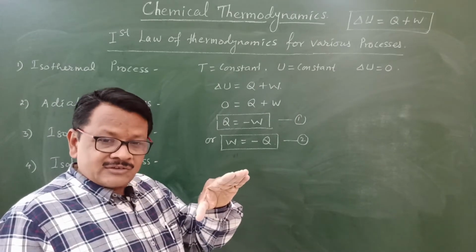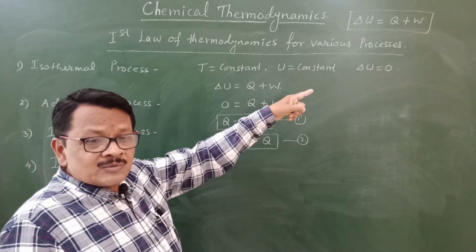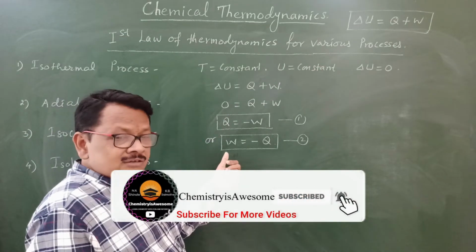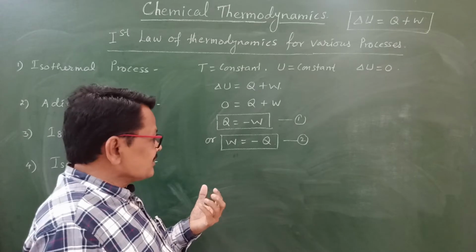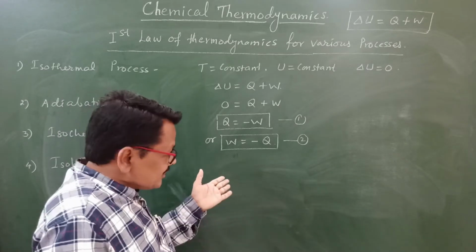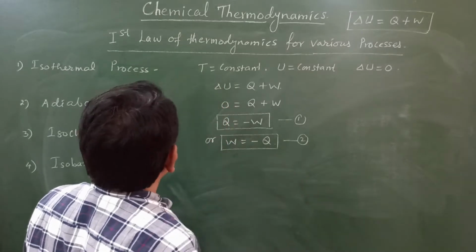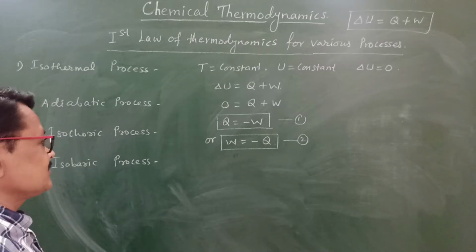Internal energy of the system increases. But in isothermal process, the change in internal energy is 0. There is no increase in internal energy of the system. Therefore, when work is done on the system by the surrounding, the internal energy that increases gets released. So in this way, we can explain the first law of thermodynamics for isothermal process.